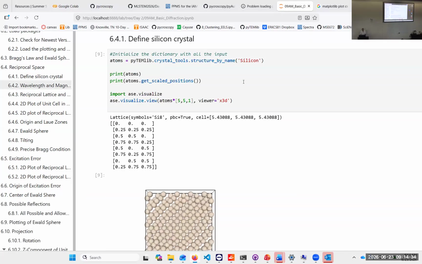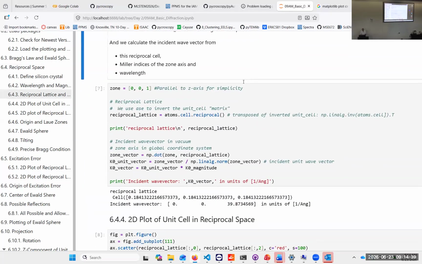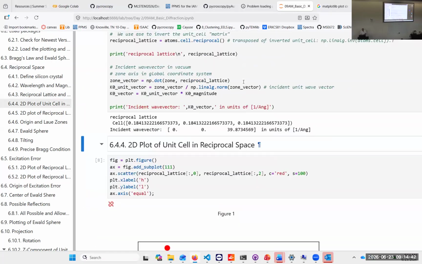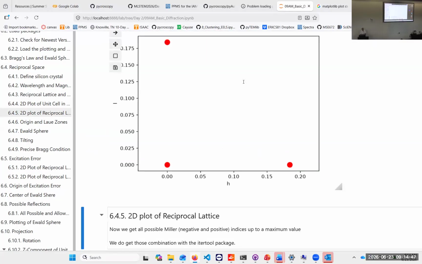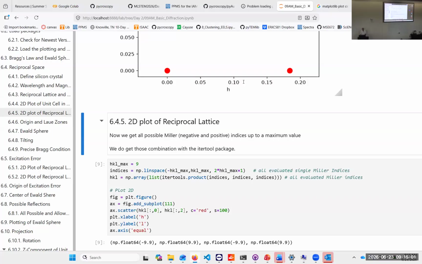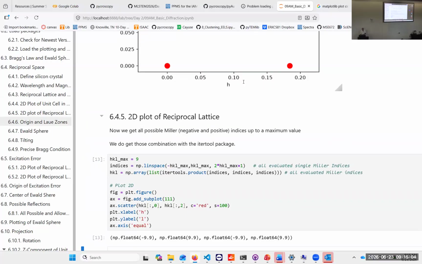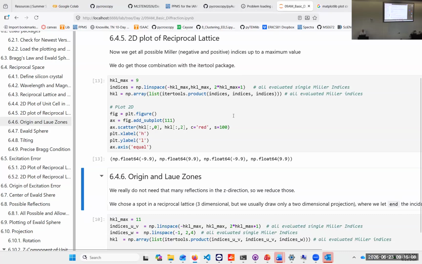So where are we now? Okay, here we are. We have a reciprocal cell, and if we plot that cell, it looks like before. We have no basis here. It's just based on the unit cell, because we only want to look at the planes. So it's one part here, and okay.